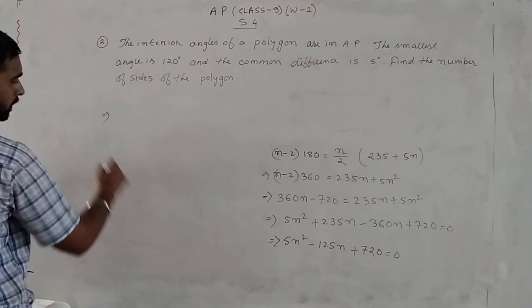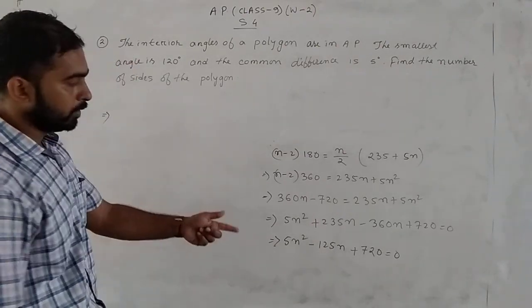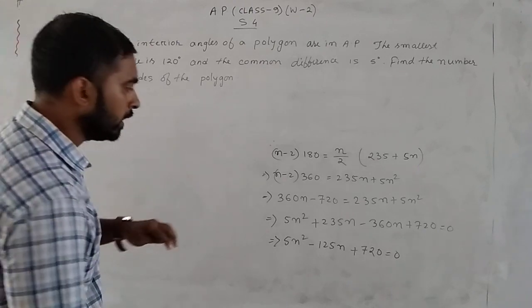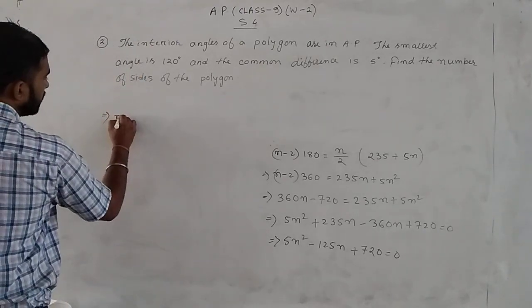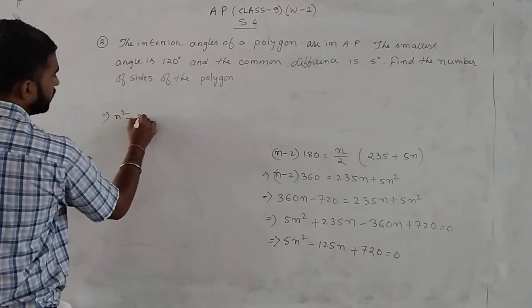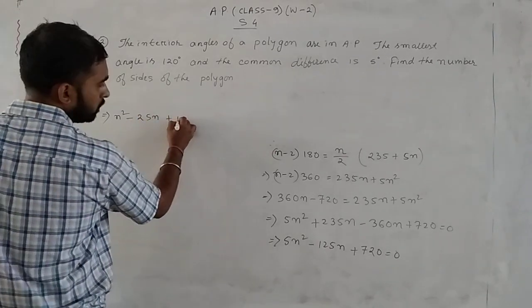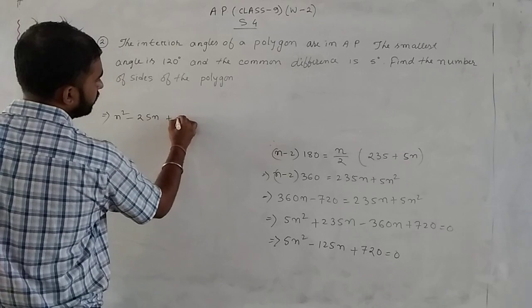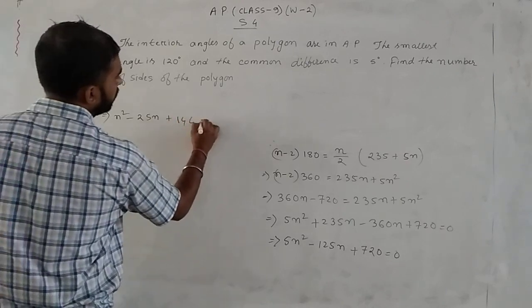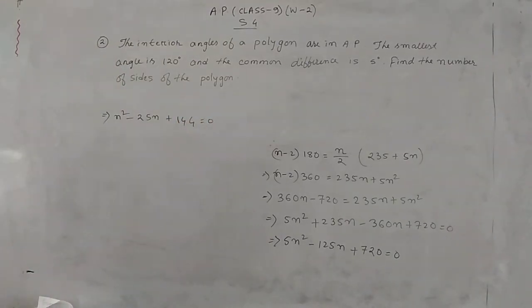Now all these numbers, 5n square, 125 and 720, are divisible by 5, so divide them by 5. We get n square minus 25n plus 144 equal to 0.